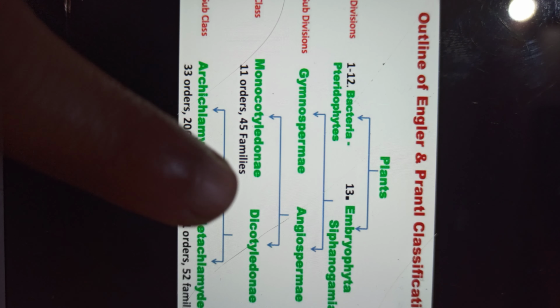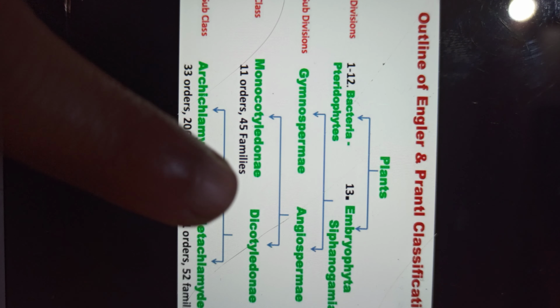Monocotyledon includes 11 orders and 45 families, whereas Dicotyledon is further classified under the subclasses Archichlamydeae and Metachlamydeae. Archichlamydeae has 33 orders and 206 families, and Metachlamydeae has 11 orders and 52 families.